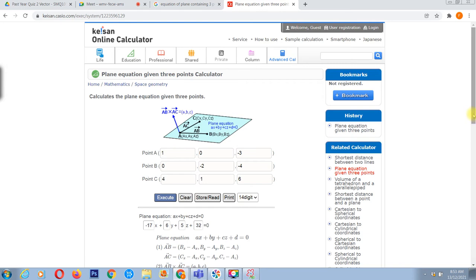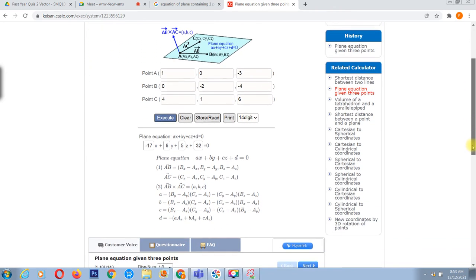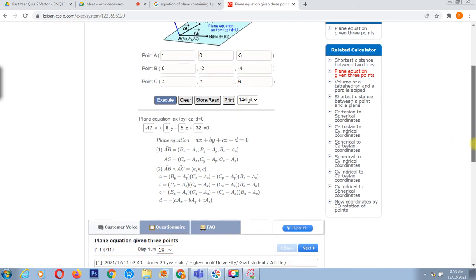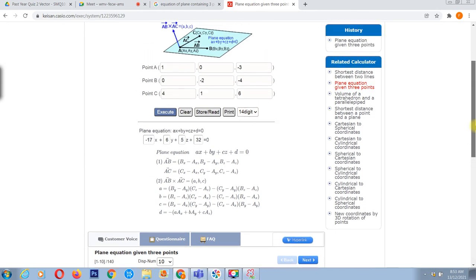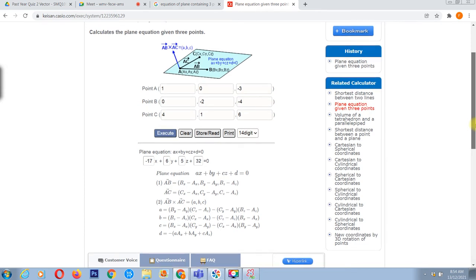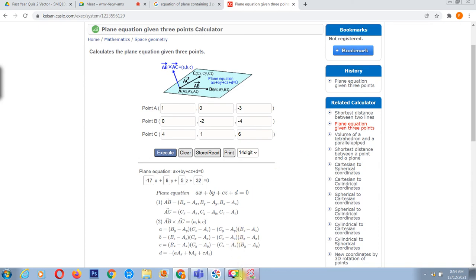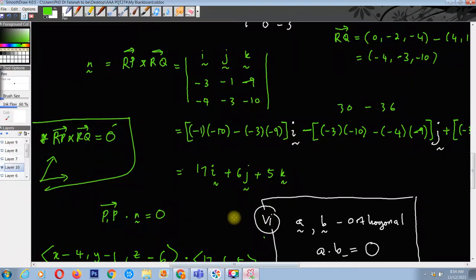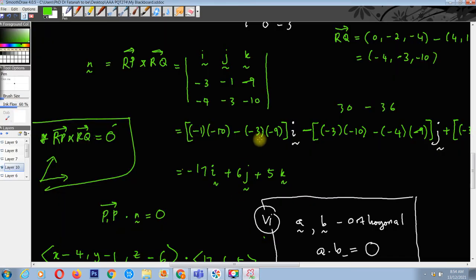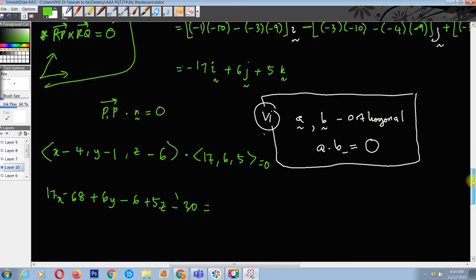We get 32 for any point. I think we selected the point, so the point will be negative. This is negative 17. This will be negative 17, 32. So this is 32.